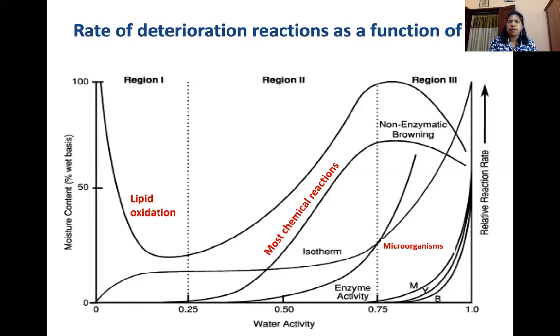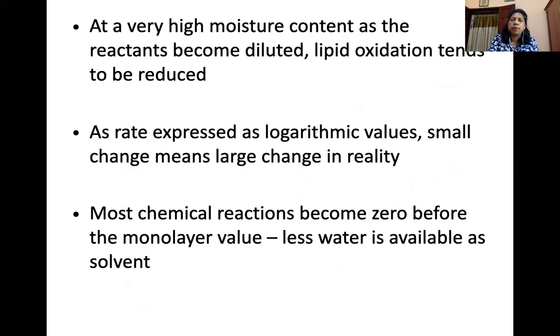So a small change in water activity or moisture content changes the reaction rate a lot in the actual products, maybe going down or maybe increasing. So most chemical reactions become zero before the monolayer value, as less water is available as solvent.